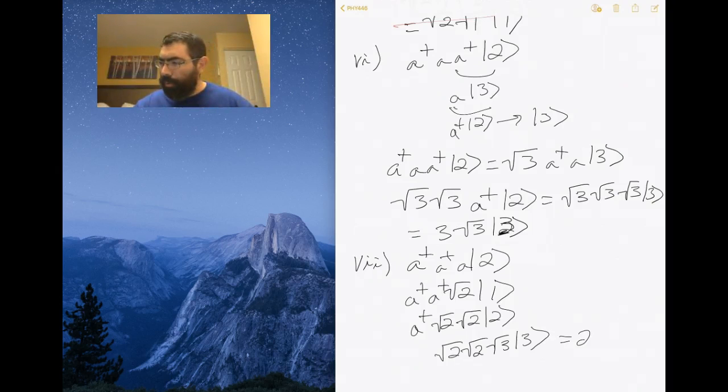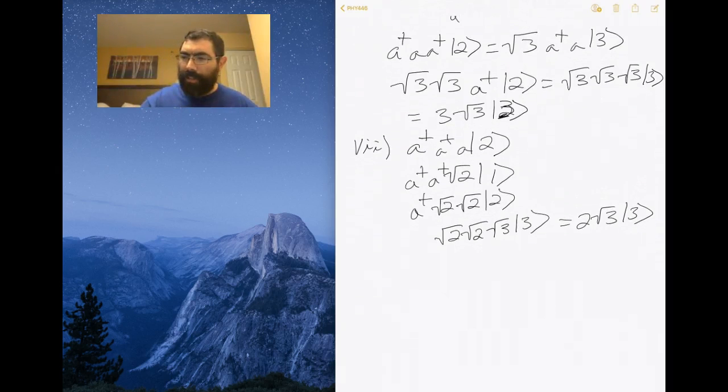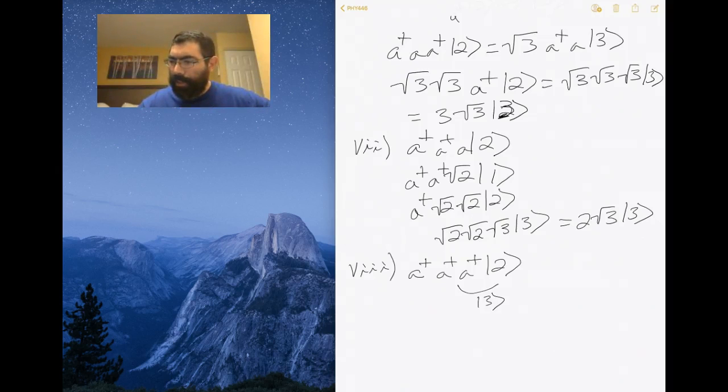So I'm left with 2 square root of 3 on the state 3. So that one's a keeper too. And lastly, the eighth term was A dagger operating on 2. And this one is going to raise it up to 3. The next term will raise it up to 4. And then the last term is going to raise it up to 5. So this one, I'm not even going to calculate. That one I'm not going to keep.